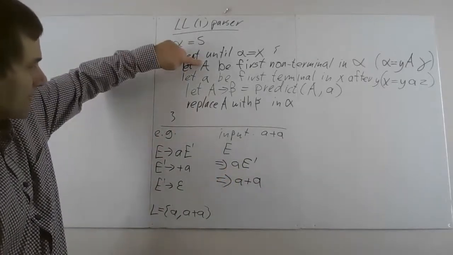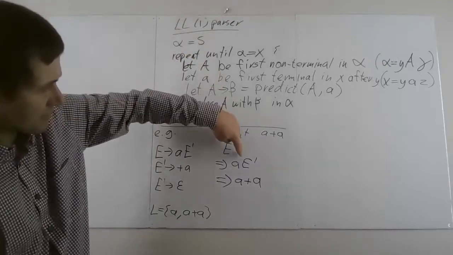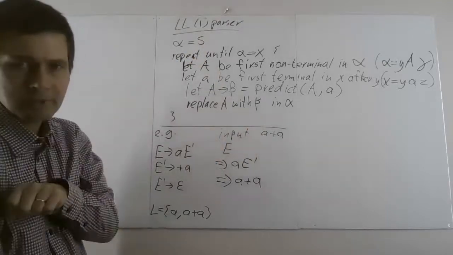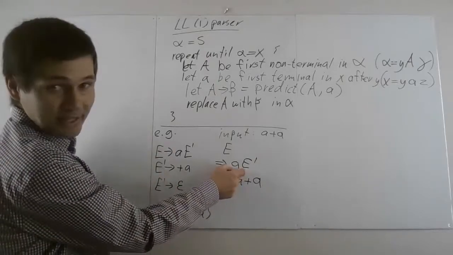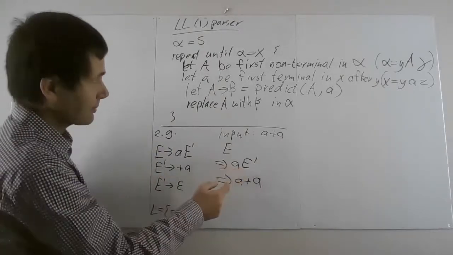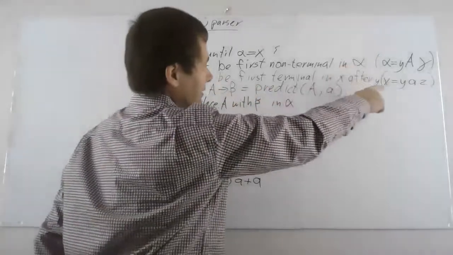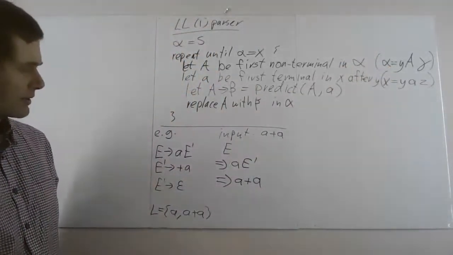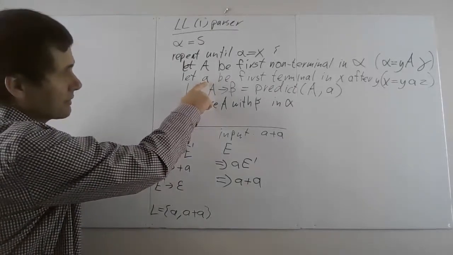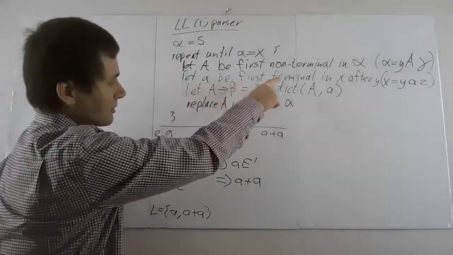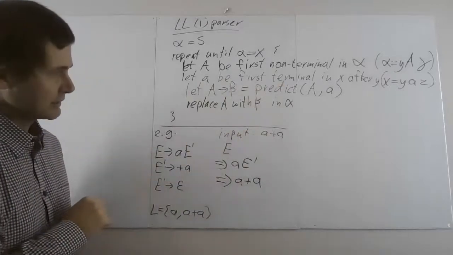It would say, let big A be the first non-terminal, so big A would be E prime. And now, what's Y? Well, Y is A, the piece of alpha that comes before the first non-terminal. And then what's little a? Little a is the first terminal in the input, okay?